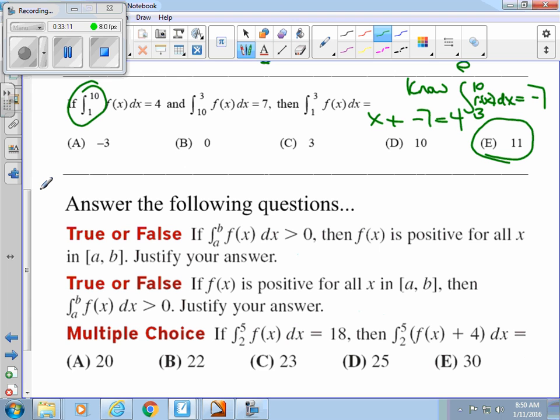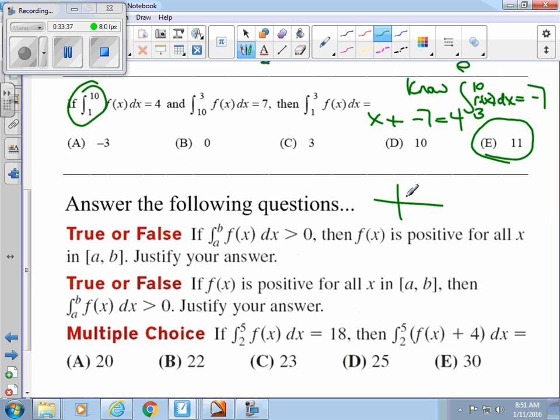So, false? How many of you have no vote? Okay. So let's draw a picture. I do agree that if f of x is positive, then the integral is positive. Question is, does it mean it's not if f of x is negative occasionally, right?